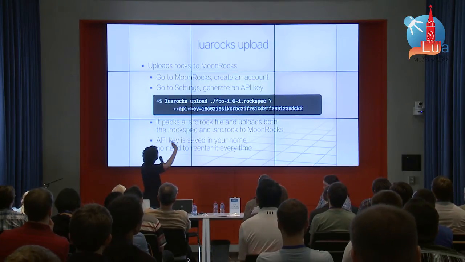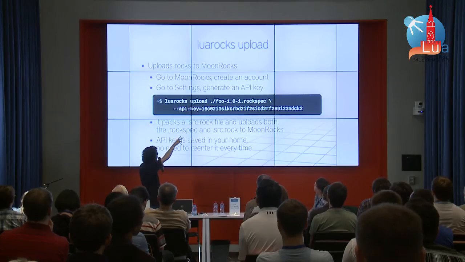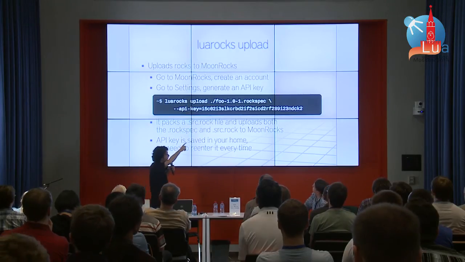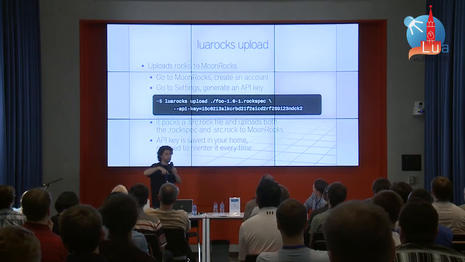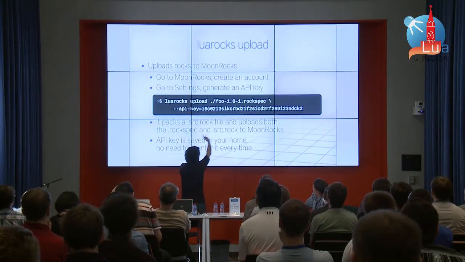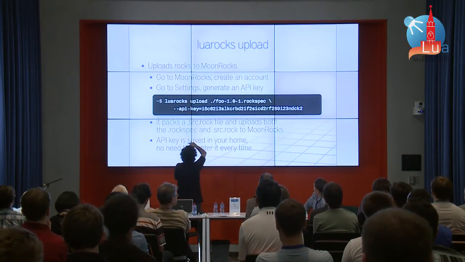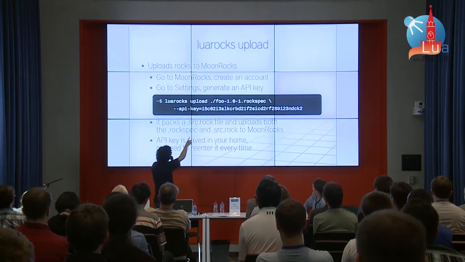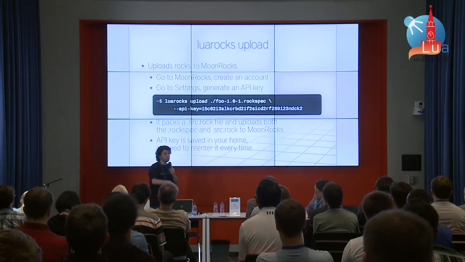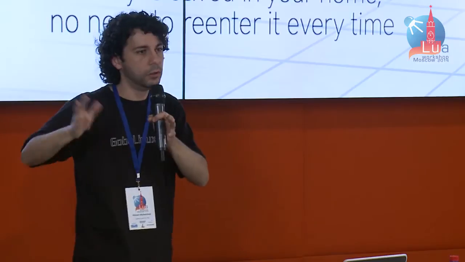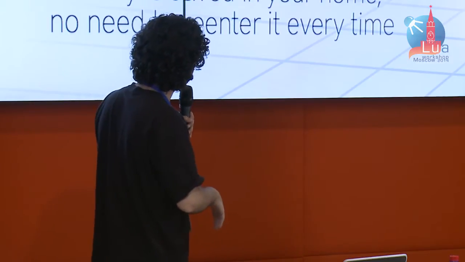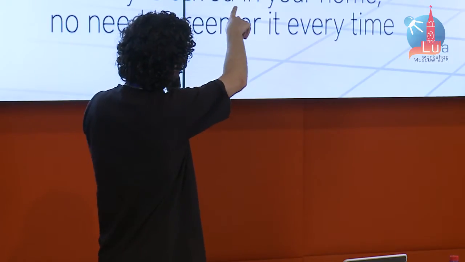So now the procedure is: go to MoonRocks, create an account, then go to settings in your account, and you can just click there and say generate an API key, and it will get you a blurb that looks something like this. The first time you upload and you give the API key, it's going to save it to a configuration file. You don't have to pass that every time. It will upload your rockspec.